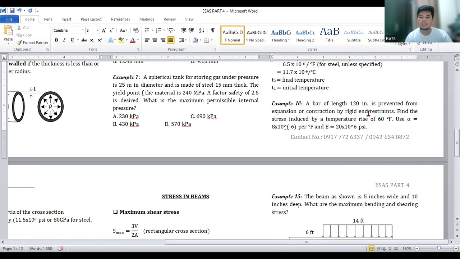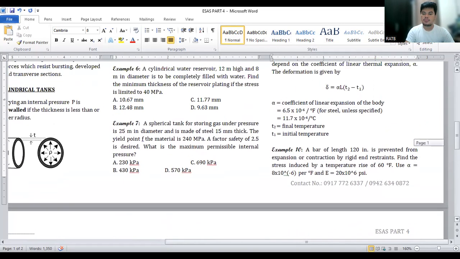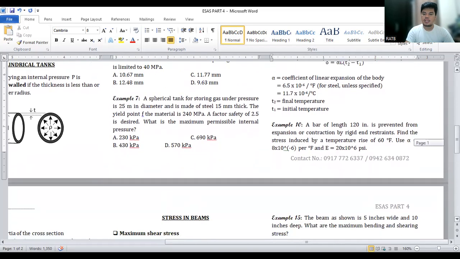Find the stress induced by a temperature rise of 60 degrees Fahrenheit, using alpha equals 8 times 10 to the power of negative 6 per degree Fahrenheit, and E equals 20 times 10 to the power of 6 psi for steel.